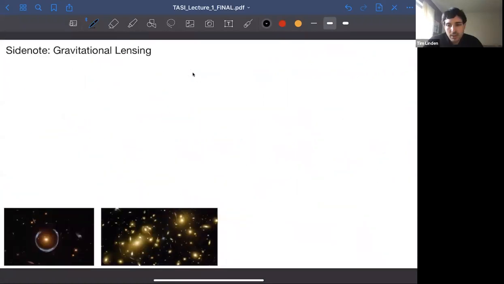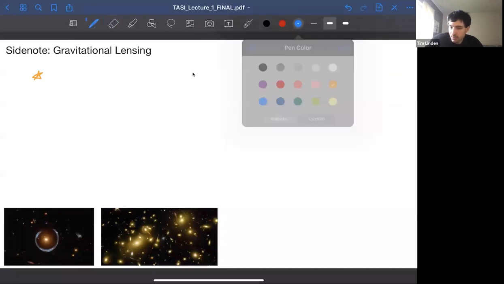So let's think about gravitational lensing. And I realize I'm also getting very close to being out of time. So what is gravitational lensing? I have some background galaxy here, and I have some distribution of mass here.